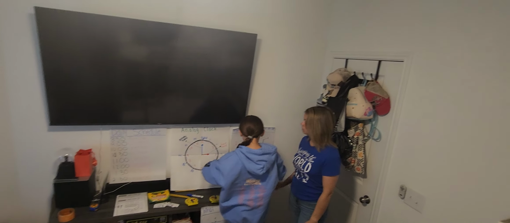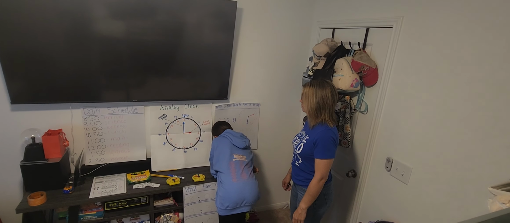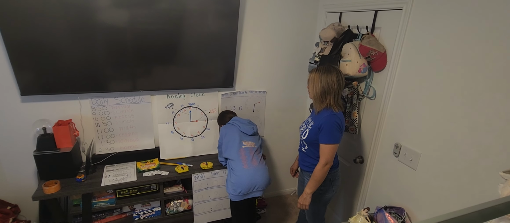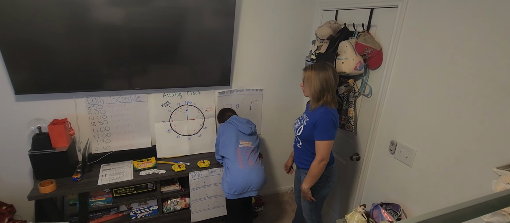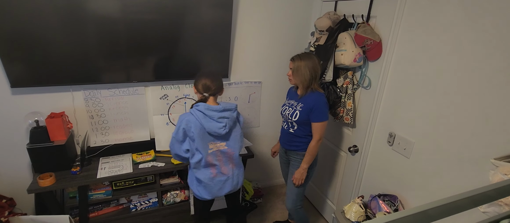So Danny, will you come up and show me what 10 o'clock looks like? You're going to put your hour in red. So you're going to write the digital time first. And then write your minutes in the blue.